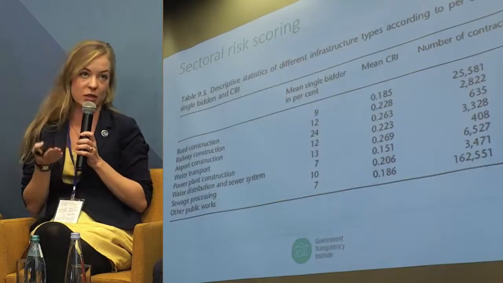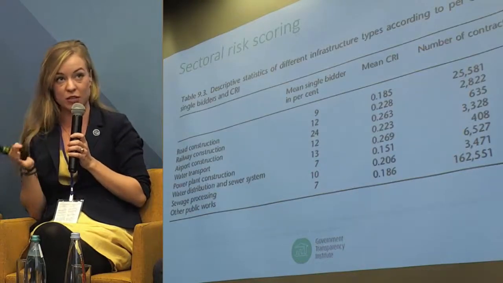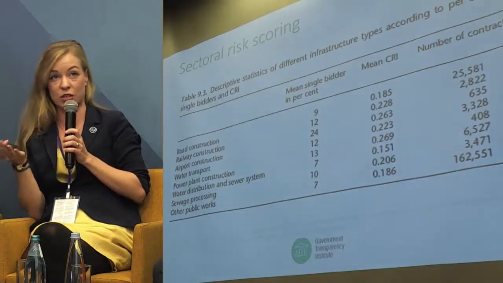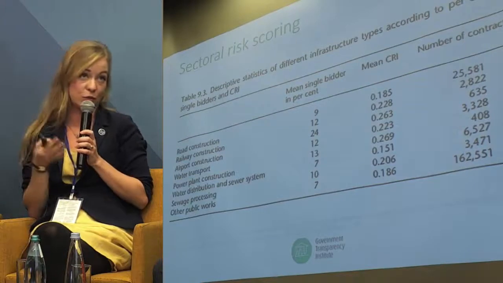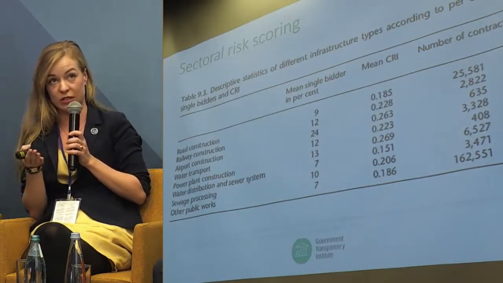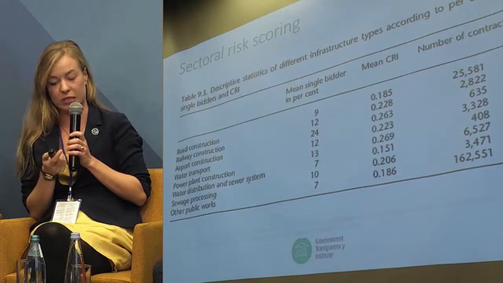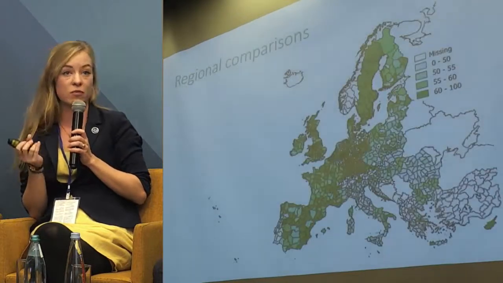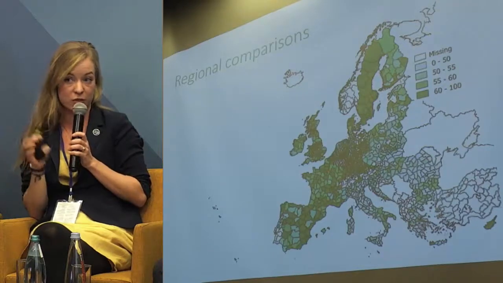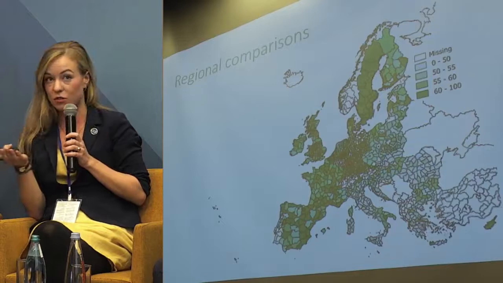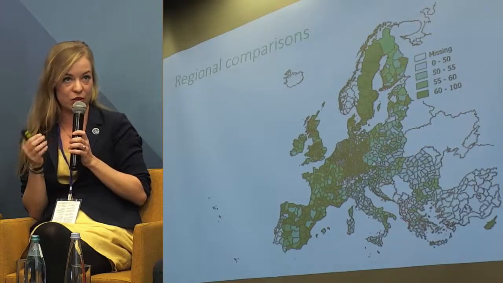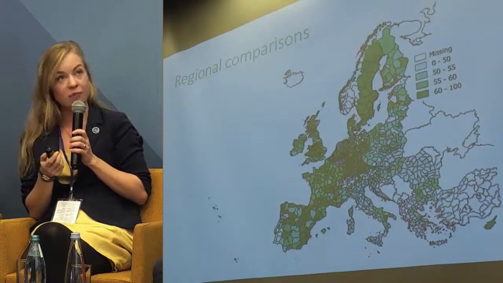What we can also do, for example, is disaggregate by different sectors or even subsectors to see that even within infrastructure there are big differences, whether we look at airport construction in the EU or road construction, there are different levels of risk. We can zoom in and not just compare countries or sectors, but different regions within countries, which can be interesting because countries are not homogeneous, so they can be very diverse within.